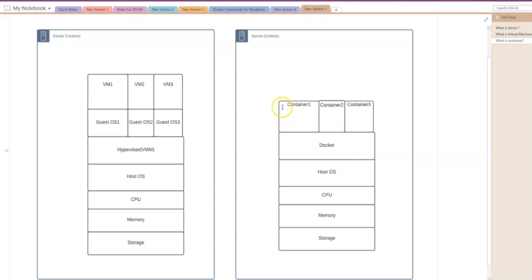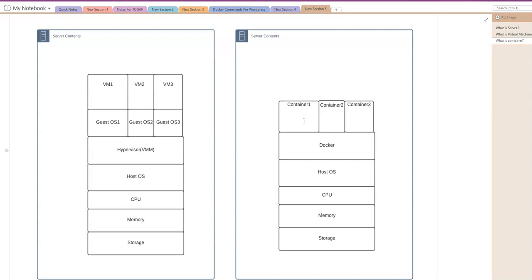What exactly these containers do is they don't have the kind of guest OS. These are lightweight containers which we can spin up or create on the fly without taking much time. That's the important thing.